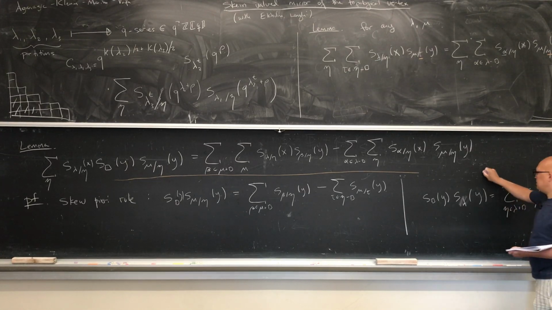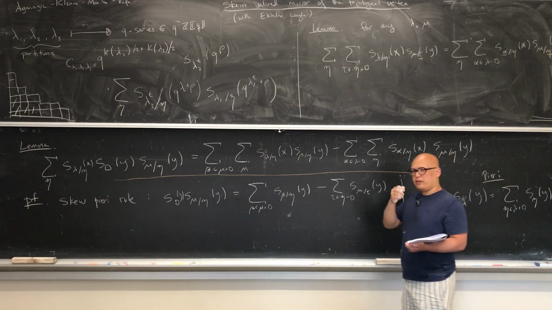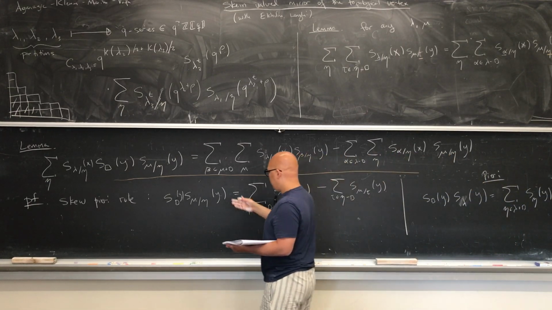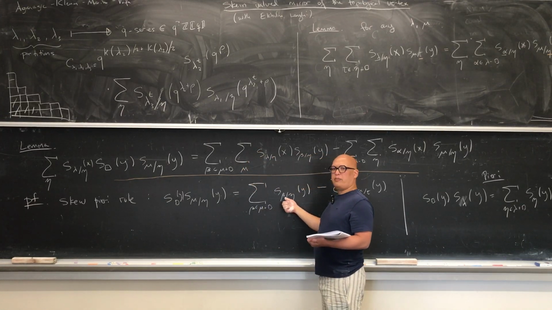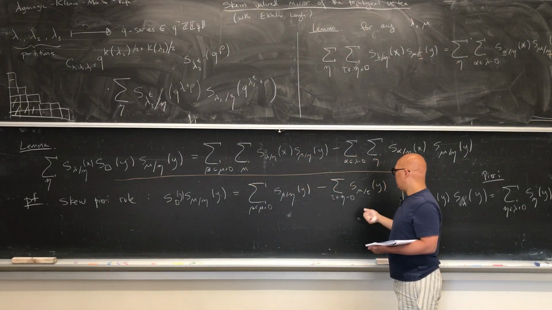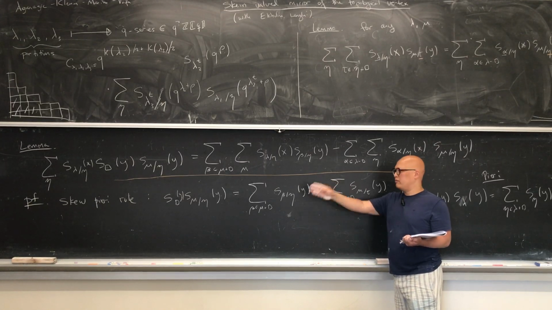That's the usual, what's called the Pierre rule, and this is the skew-Pierre rule. For skew Schur functions, you look at all the ways you can add a box to the bigger one or remove a box from the smaller one. That's the effect of multiplying.